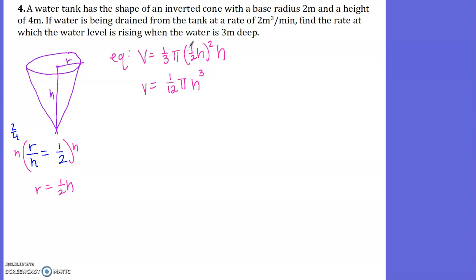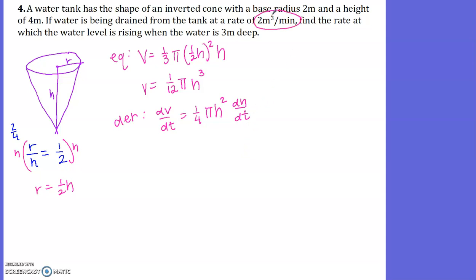So it's always going to be this number squared times the 1/3. Then your derivative. The derivative of v is dv dt. 3 times 1/12 pi is just 1/4 pi. This will now be an h squared with a dh dt.